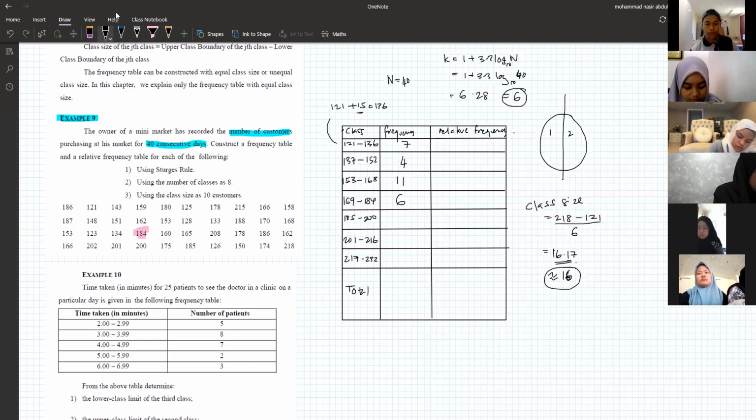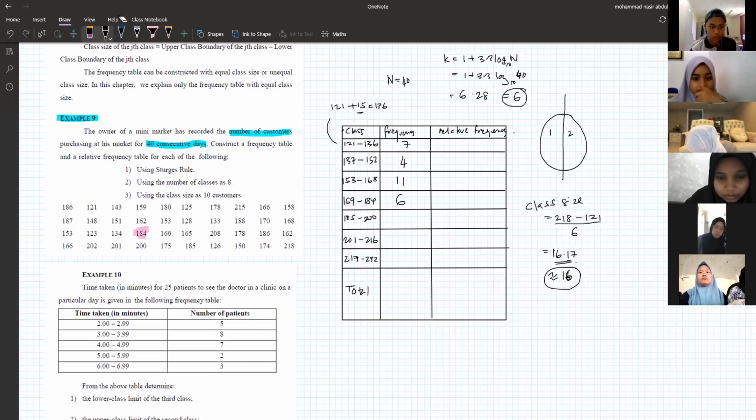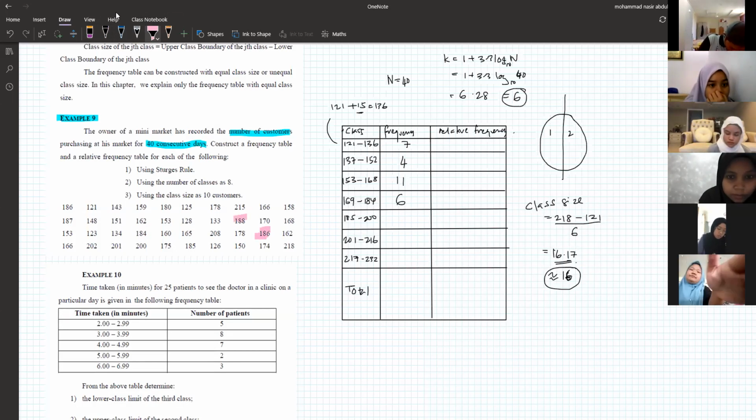6. The next, 185 to 200, how much? 185 to 200, this one is included, this one is included, this one is not included, 200 is included. Next, how much? 3, is it?